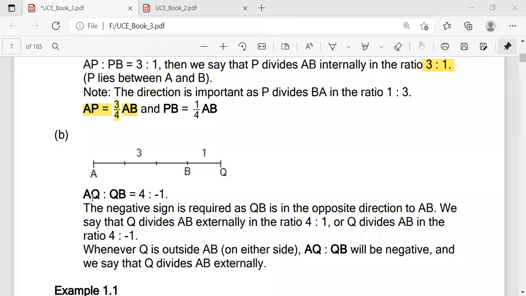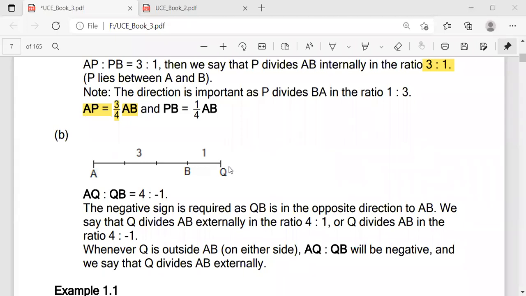So they are saying that AQ to QB is equal to 4 to -1. AQ, we know that AQ is 4, isn't it? That's what we have said. Members, are we together? Yes. You are the one who told me that.